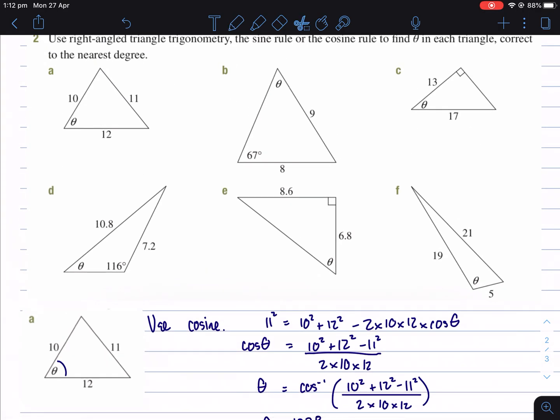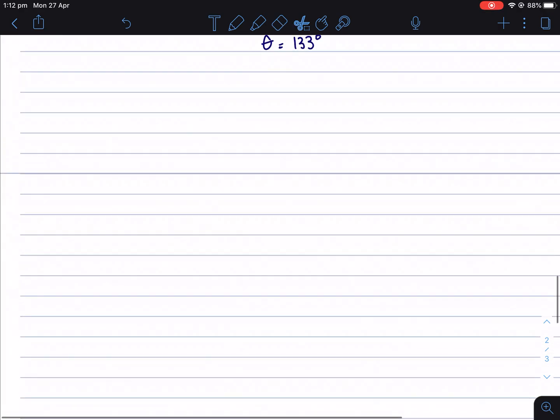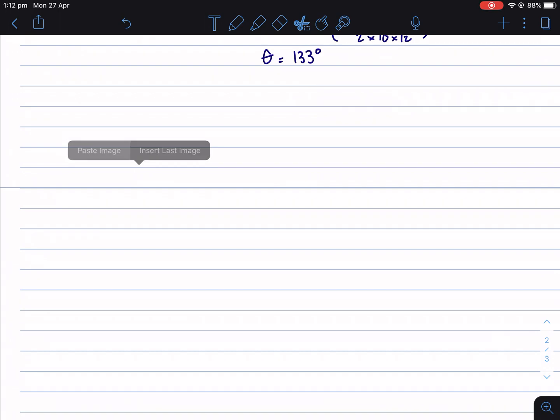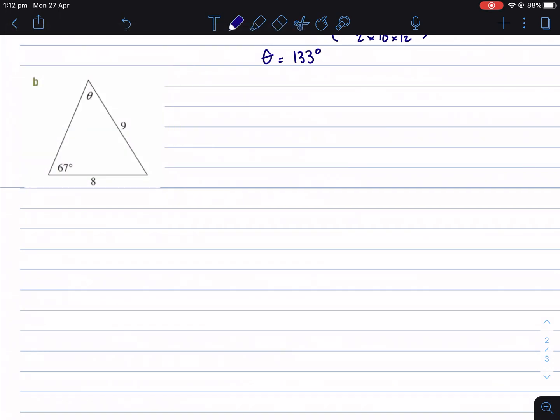Okay, B. This time, definitely not right angled, we can see that, but we have an angle and its opposite side, so we can use sine rule. So we know sine theta over 8, because that's the opposite to it, equals sine 67 over 9, which means sine theta equals 8 sine 67 over 9, because don't forget, started from the bottom, now we're here.